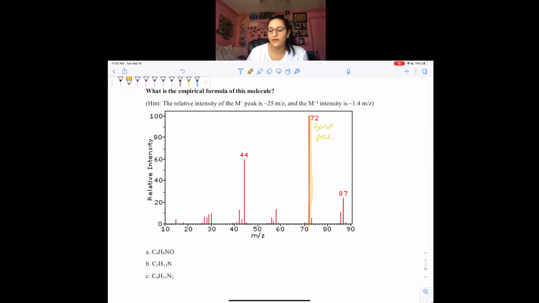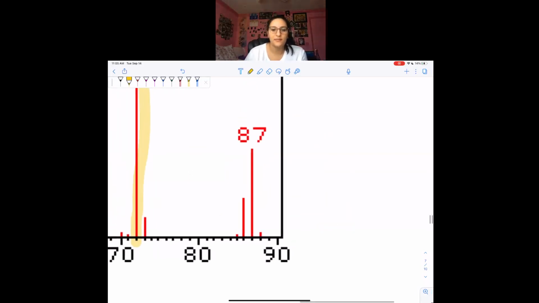And then if we go all the way at the end here, there's one super, super tiny peak at the end of it. So I'm going to go ahead and say that that is the M+1. And we don't have an M+2. And the one before it, right here, that is the M+ peak.